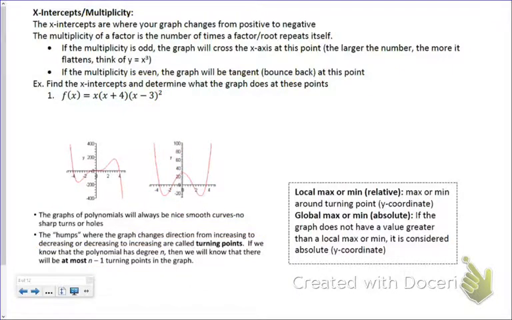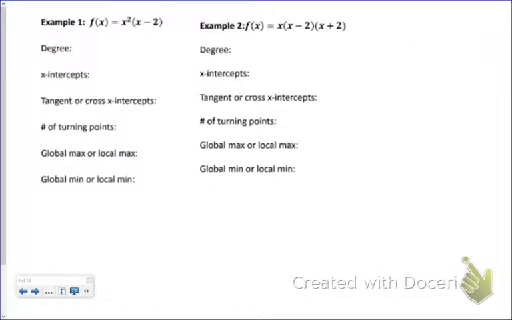All right, so let's look at a couple of examples. Okay, so we're going to go ahead and try to find all this information about this, and we're also going to graph them. So this graph is third degree because it is x squared times x to the first. This graph has x-intercepts, or zeros, that's the other word for it, at 0 and at 2. 0 comes from this factor, 2 comes from that factor.